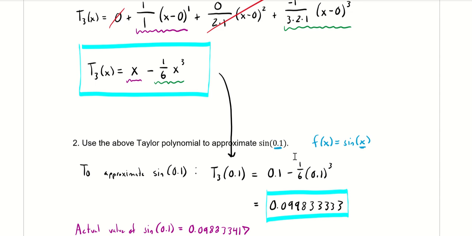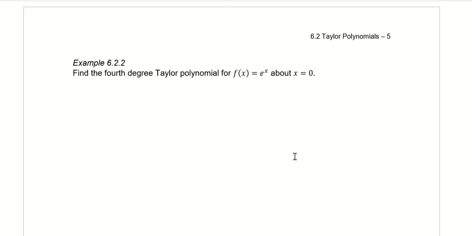Let's do a couple more examples. Let's do this one on page 5. Here we want to find the fourth degree Taylor polynomial for f of x equals e to the x about x equals 0.